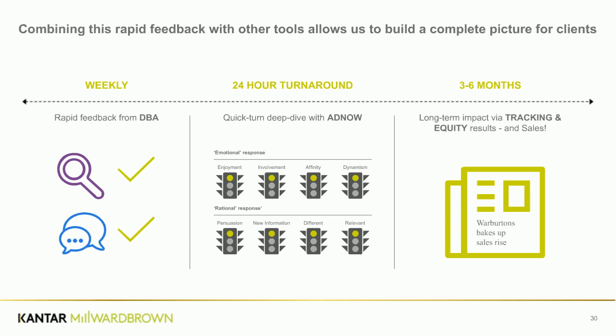So these digital measures, as Sarah said, can be accessed weekly and allowed us to provide a quick way to indicate if a campaign is working well or not at an overall level and on which mechanisms it's actually driving the brand. But in order to understand more about the performance of these ads, we then went on to conduct a creative assessment via AdNow, which is a quick turn survey.